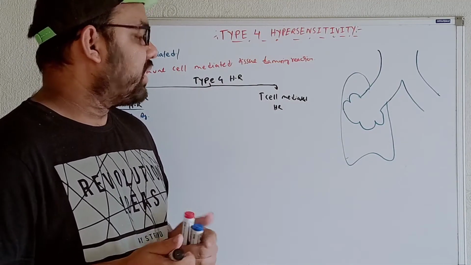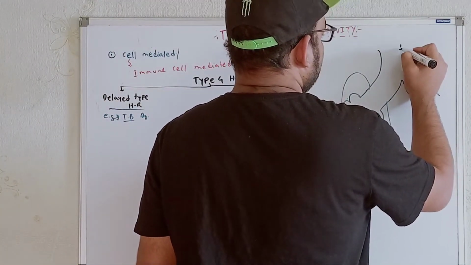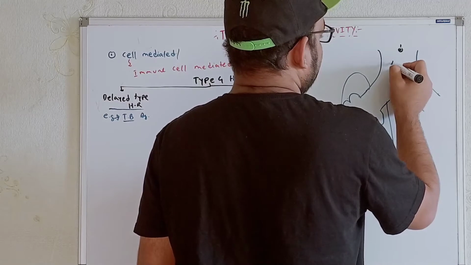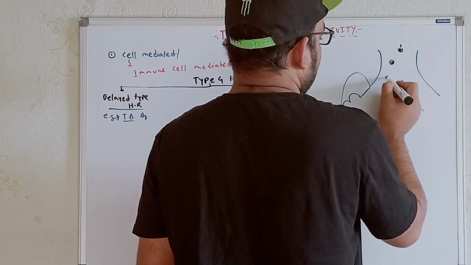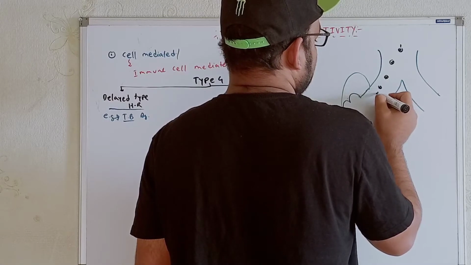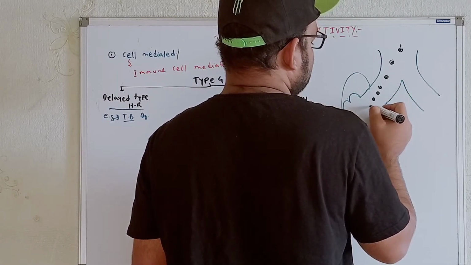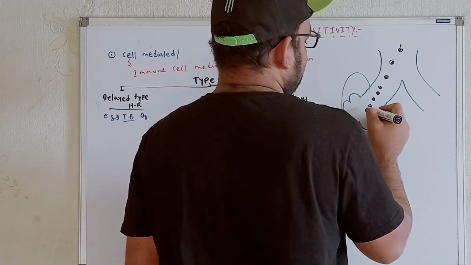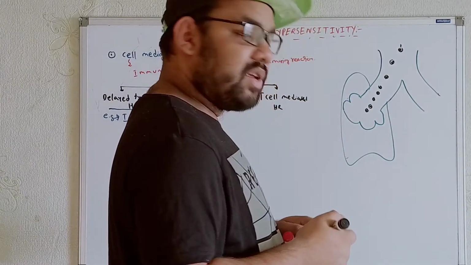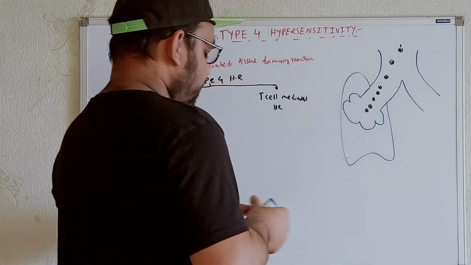These will go to the lungs, and within the lungs there is a presence of alveolar macrophages.